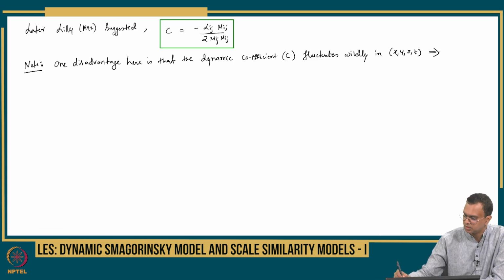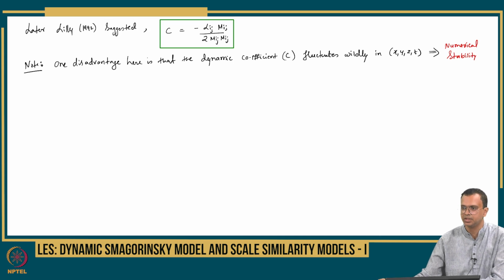So that means this is causing numerical stability issues. Because essentially the C is controlling your subgrid scale length, right? Cs or the C delta. And assume that if C becomes negative for some reason, then your subgrid scale length is becoming negative, causing stability issues.